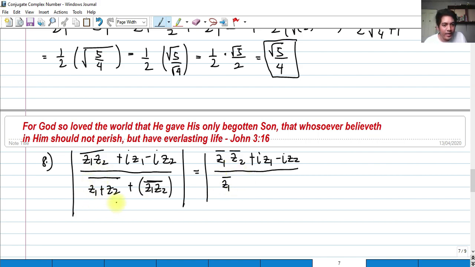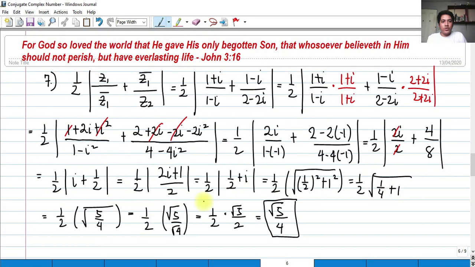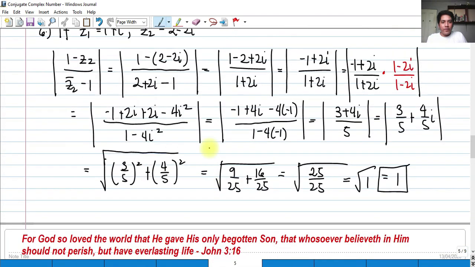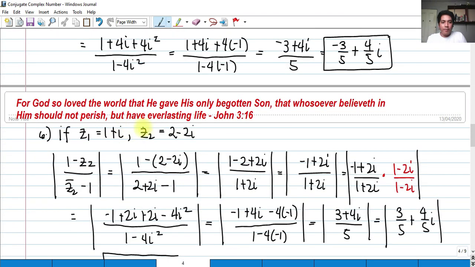This could also be rewritten as the conjugate of z sub 1 plus the conjugate of z sub 2, plus conjugate of z sub 1 multiplied by conjugate of z sub 2. And don't forget the modulus. The modulus should be our final answer here, so it should be a real number.